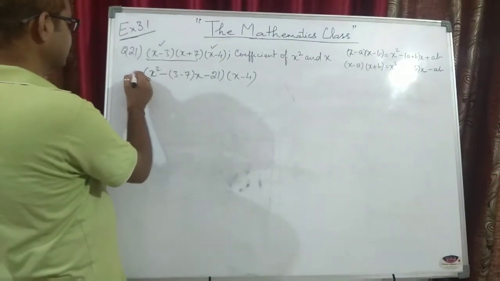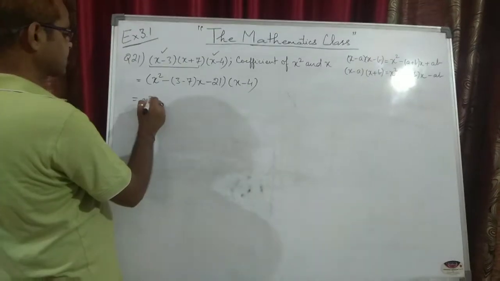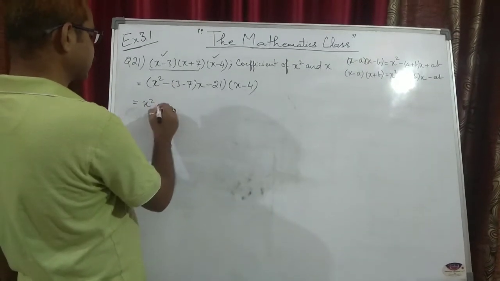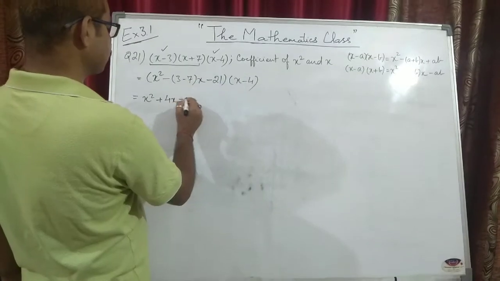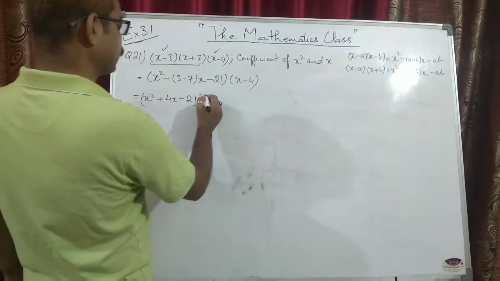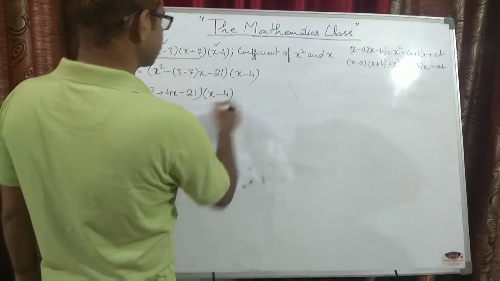Now if you solve it, this will become x square plus 4x minus 21 into x minus 4.